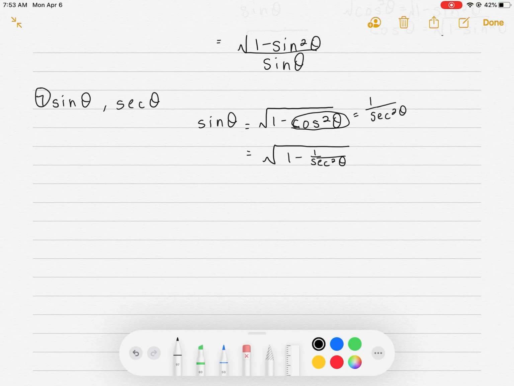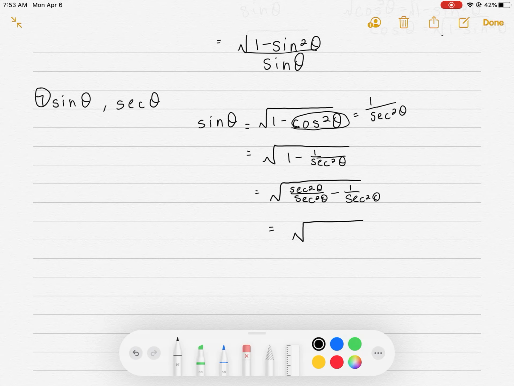Now for simplification, you usually don't want to leave fractions like that, so let's find a common denominator. So I rewrite 1 as secant squared over secant squared minus 1 over secant squared.